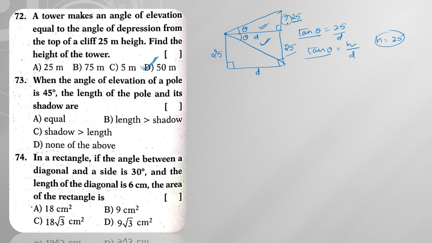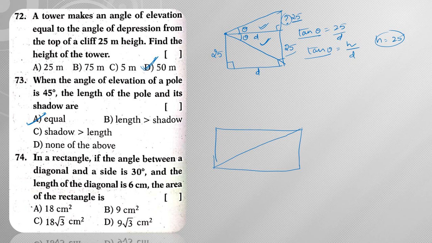Next, when the angle of elevation of a pole is 45 degrees, the length of the pole and its shadow are equal. In a rectangle, if the angle between the diagonal and a side is 30 degrees and the length of the diagonal is 6 centimeters, then find the area of the rectangle. Now let me draw the figure. So this is my rectangle which is given. Now this is my diagonal.